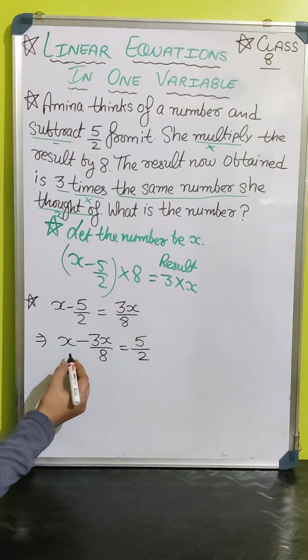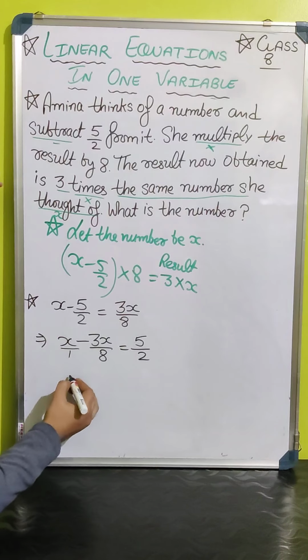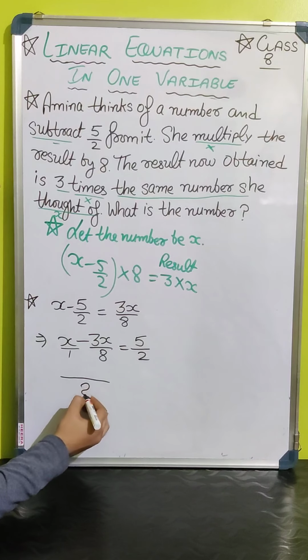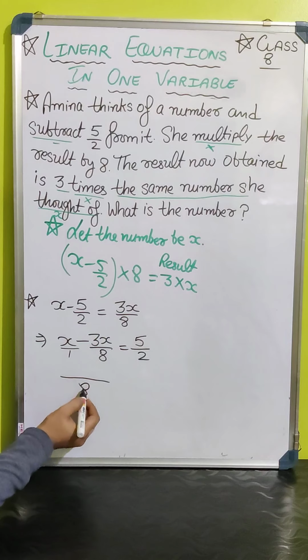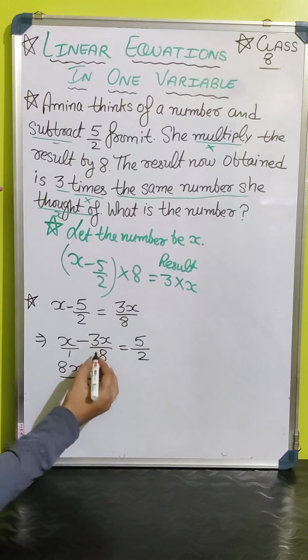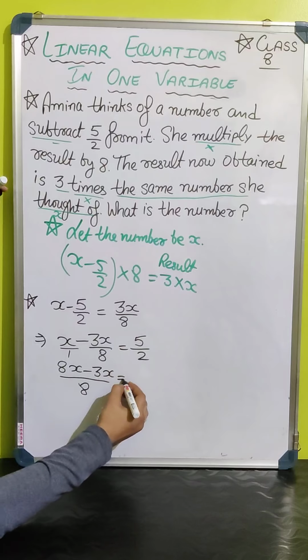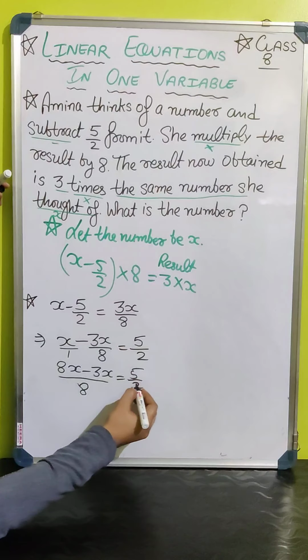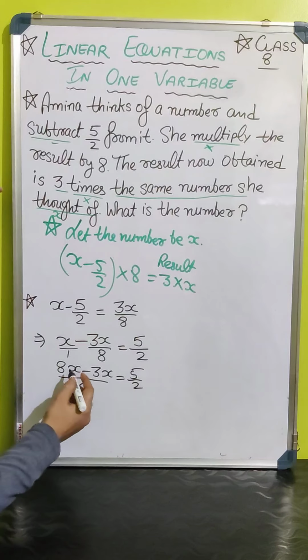Understood? Now take the LCM of these numbers. LCM will be 8. Now 1 8s are 8, that is 8x. 8 minus 3x is equal to 5 by 2. Now what is the result here?